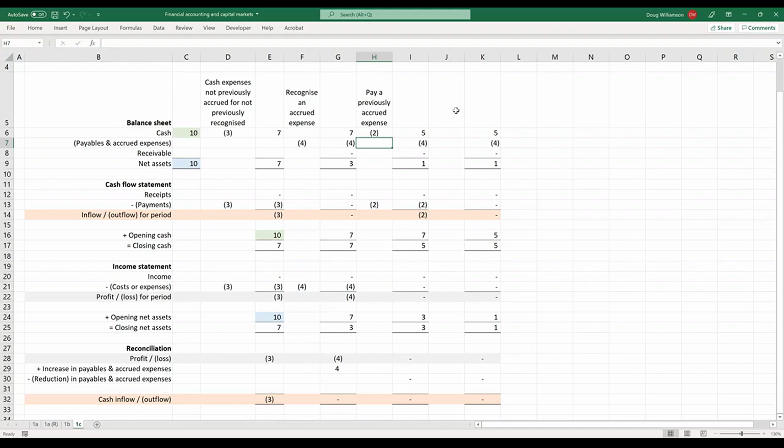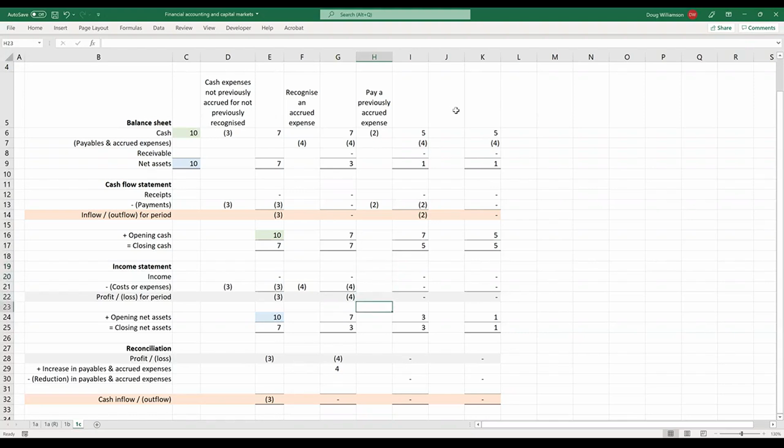In other words, the accounts line up with the cash book and line up with the cash flow statement. Is this an expense being incurred or recognized? No, it was already incurred or recognized last time down here. So there's no more entries needed in the income statement.